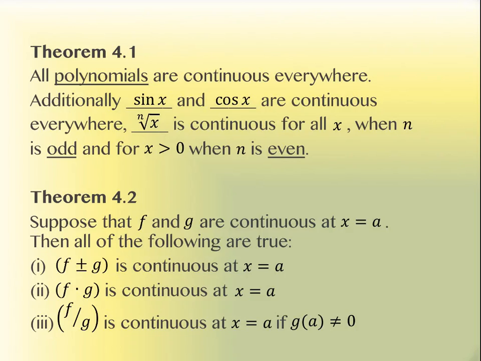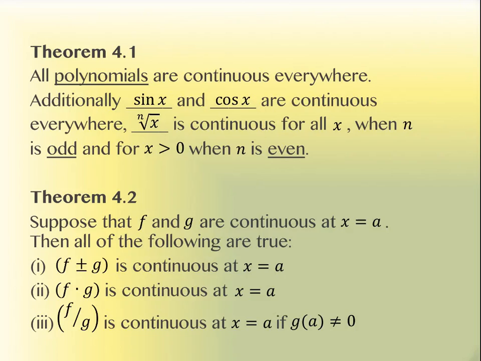Another one is we have the nth root of x. It's continuous for all x values. And this sort of sounds funny. We did look at this briefly before too. But of course, when the nth root is an even root, like a square root, we can only have positive values underneath the square root.